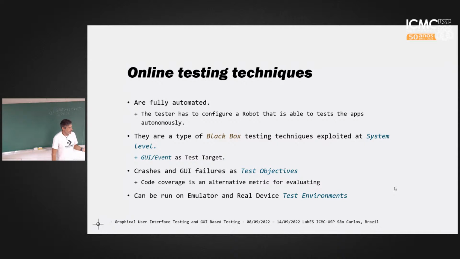I was thinking of the Android emulator. Yeah. For Android, it's basically the same thing. I had no problem running on the emulator or real device because I can use ADB for sending the same sequences of events that I run on the emulator to the real device.